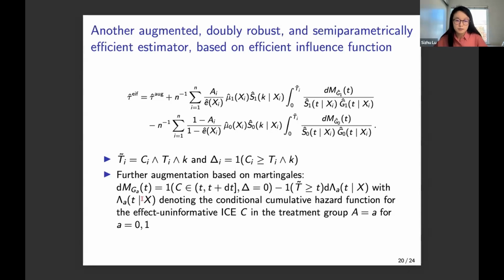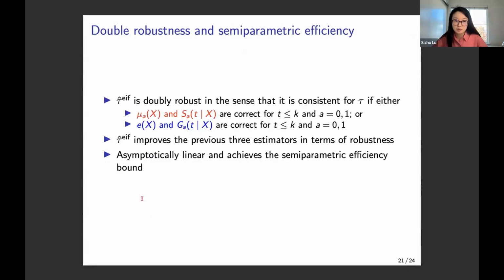By further augmenting this, we can make this estimator even more robust, in the sense that it is now doubly robust. It is consistent for our target parameter if either of the two sets is correctly specified.